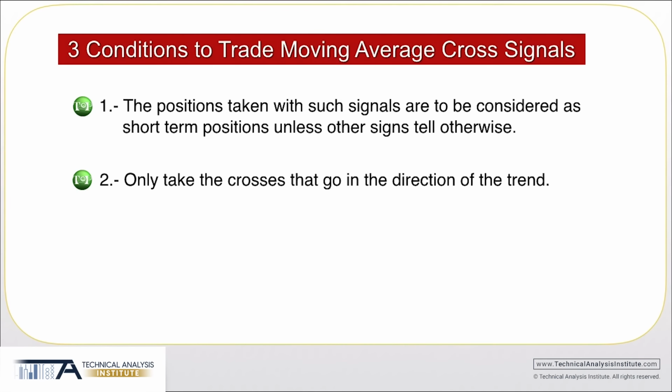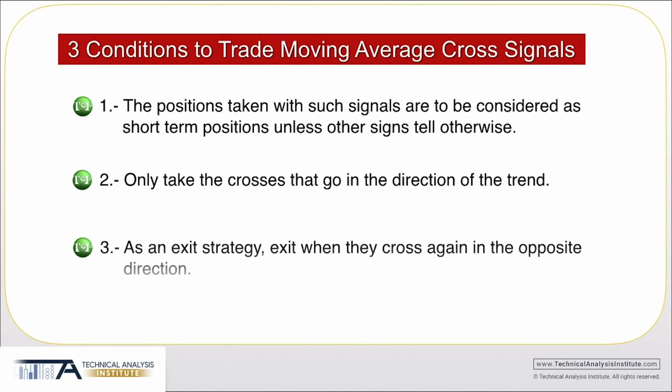So in an uptrend, you would buy on the fast-moving average crossing up the slow-moving average. In a downtrend, sell when the turning line crosses below the standard line. And lastly, as an exit strategy, exit when they cross again in the opposite direction.